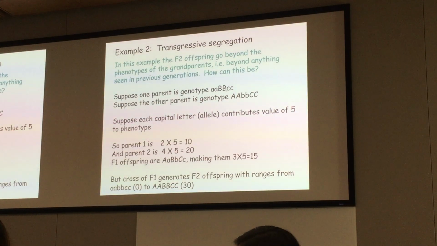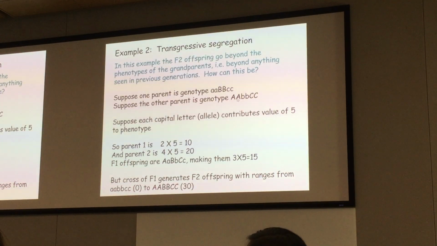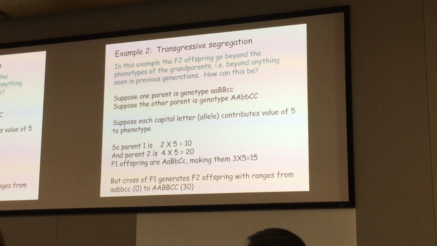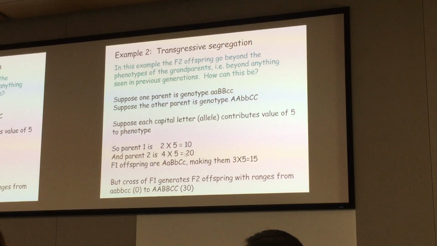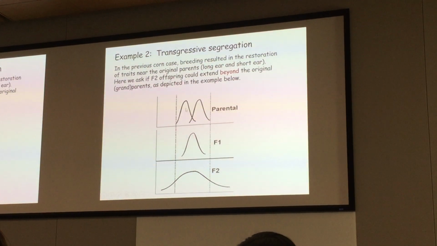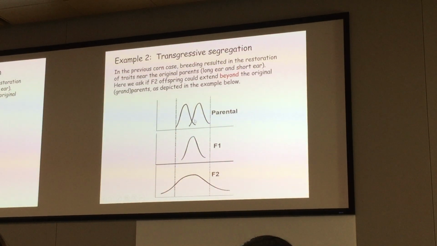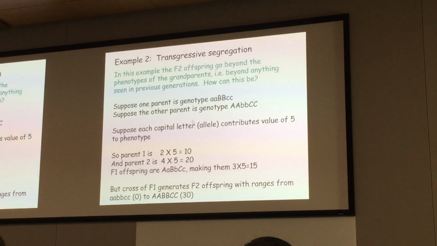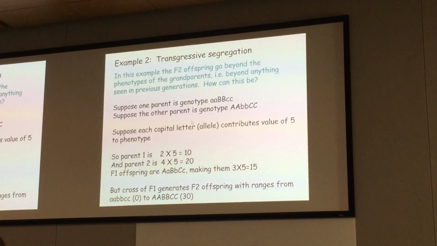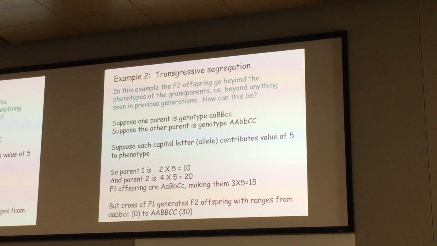So in this case, the phenotype would be 2 times 5. In this case, since there's 4, the phenotype would be 4 times 5. So parent 1 would be 10, parent 2 would be 20 for whatever the measurement is. That's why parent 1 would be here at 10, let's say, and this would be here at 20. Right? So it's kind of theoretical, but you get the idea of how we're thinking about the incremental additive effects of genes in quantitative genetics.